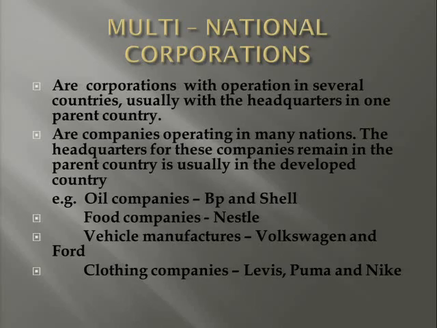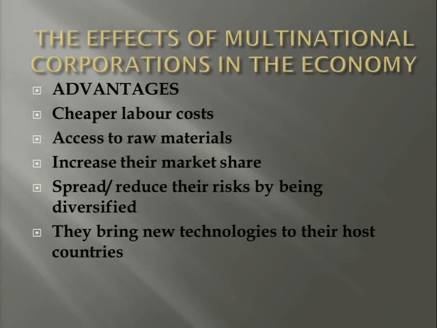These are companies operating all over the world, but they've got their headquarters in their parent countries. We say these are multinational corporations. It's just important for us to know what multinational corporations are. I'm moving on. Now, how do these multinational corporations affect us?